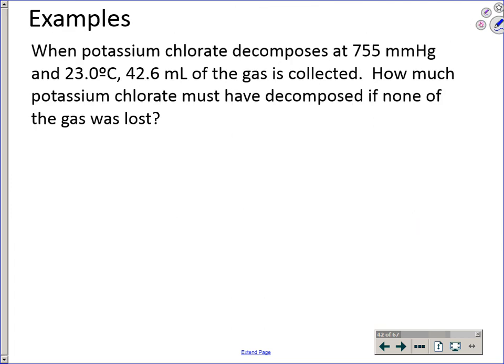Okay, so this is where we make the decision on what we're using. Provided with all this data, we're eventually going to figure out how much potassium chloride has decomposed. So go ahead and take a minute, write down your data, write down your variables.